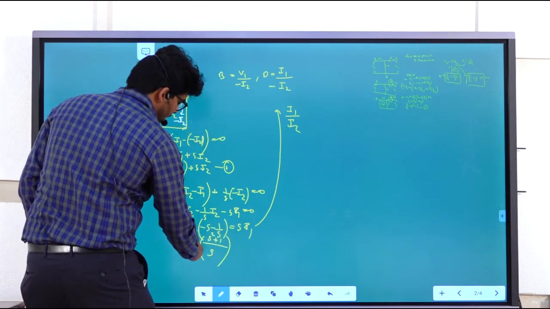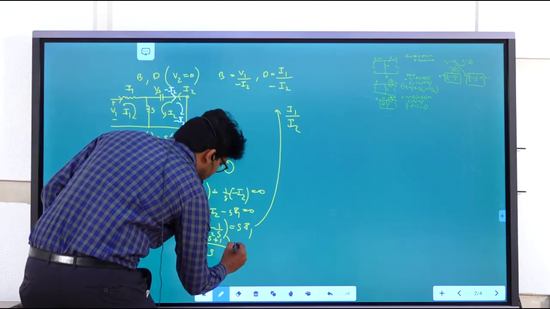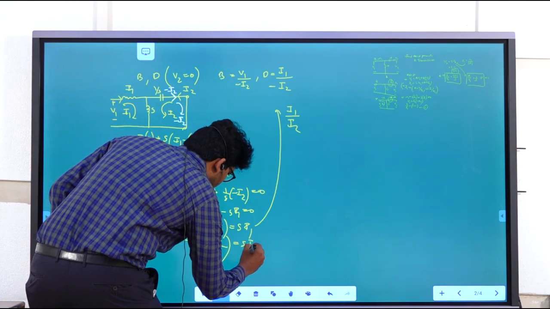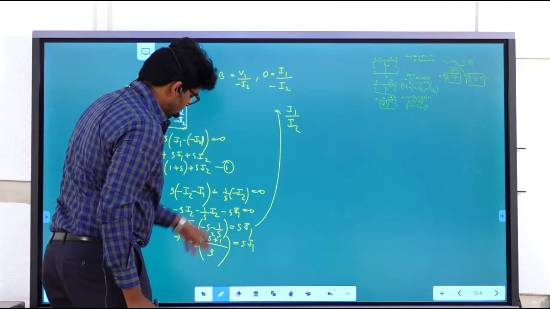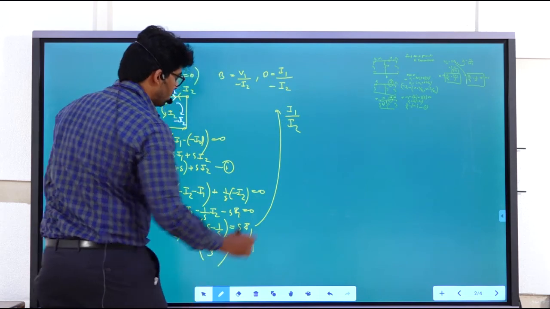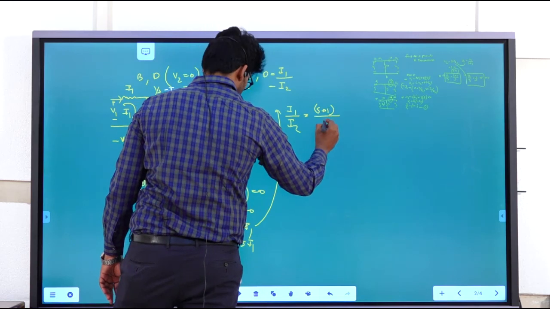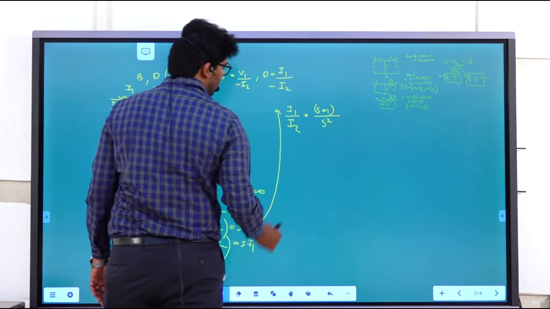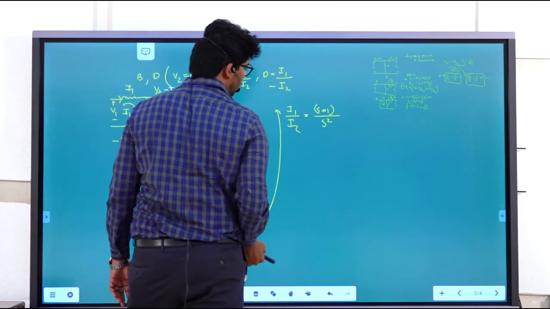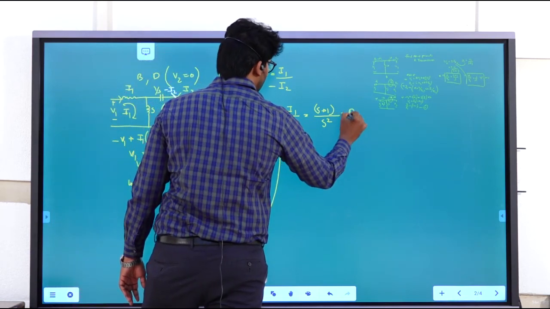So I1 minus I2 equal to, what you will have, this is S I1. We need to get I1 minus I2, so I1 minus I2 equal to S plus 1 by S square. This is a current gain, having no units, so this is the parameter D.